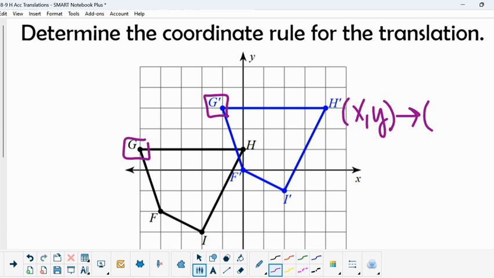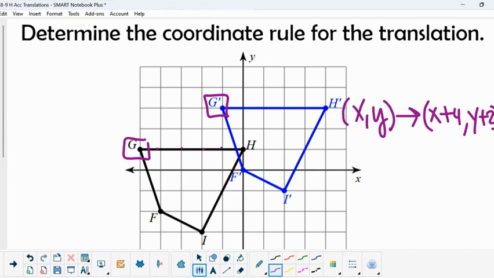So x plus or minus? Right? We've got to go to the right, yes? Got to go to the right, how far? 4, are we going up or down? So plus or minus? Plus how many? 2. Any questions I can clear up on writing the coordinate rule?